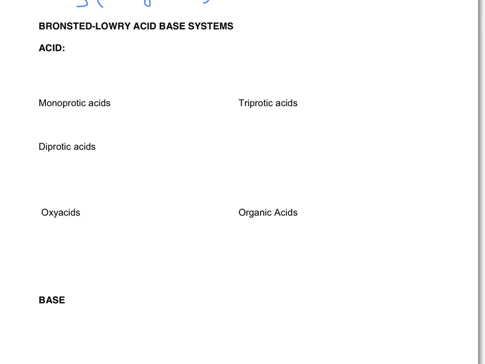So now we go to the Bronsted-Lowry definitions of acids and bases. Those are two different scientists, by the way, Bronsted and Lowry. For an acid, according to the Bronsted-Lowry definition, an acid is an H plus or a proton donor. H plus is the same thing as a proton. So for example, if you have HCl and you put that in water, HCl is a proton donor.